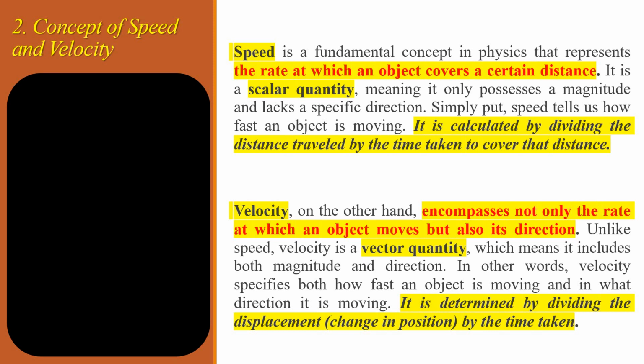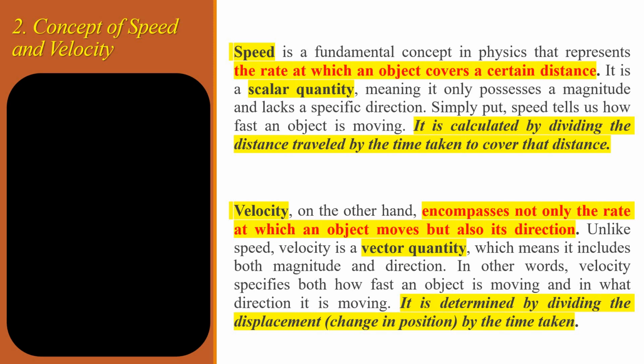It is a scalar quantity. This is very, very important. Meaning, it only possesses a magnitude and lacks a specific direction. Simply put, speed tells us how fast an object is moving. It is calculated by dividing the distance traveled by the time taken to cover that distance.